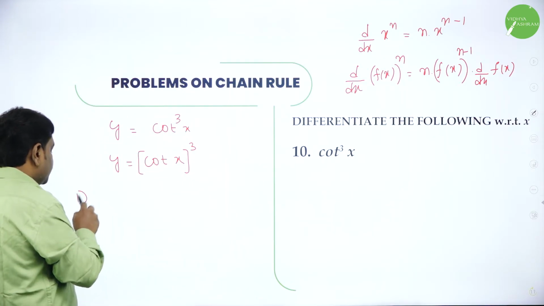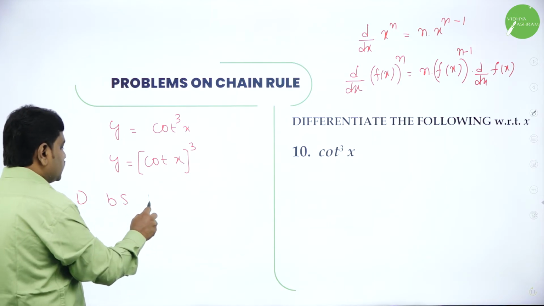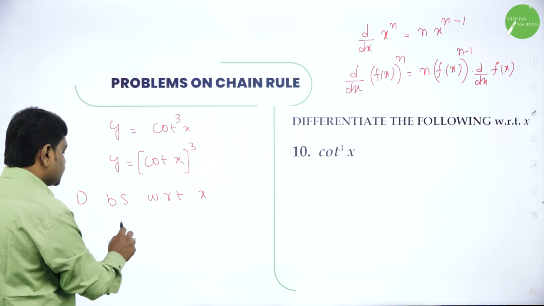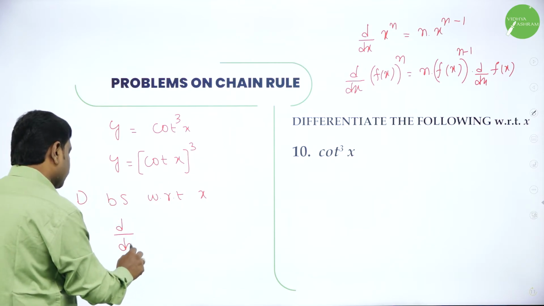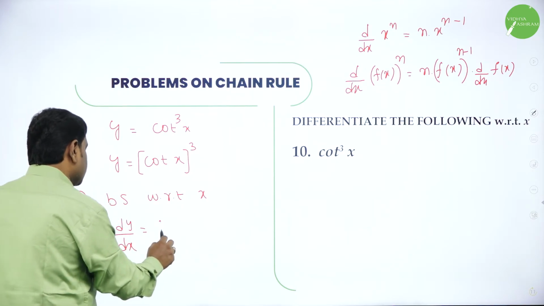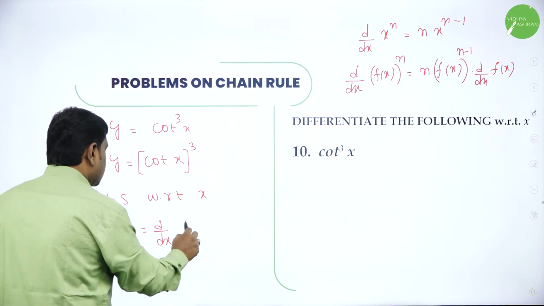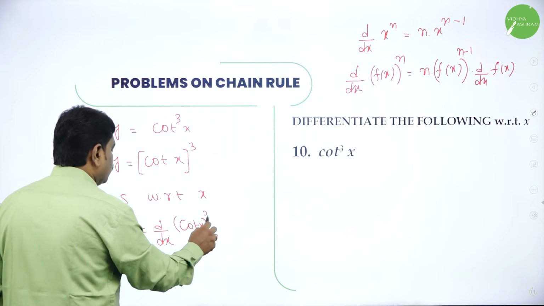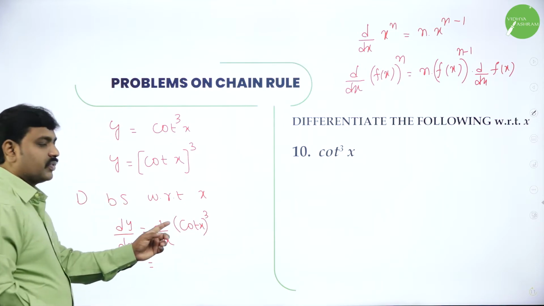Now, differentiate both the sides with respect to x. LHS becomes d by dx of y. RHS becomes d by dx of cot x the whole cube. It is in the form of f of x power n.